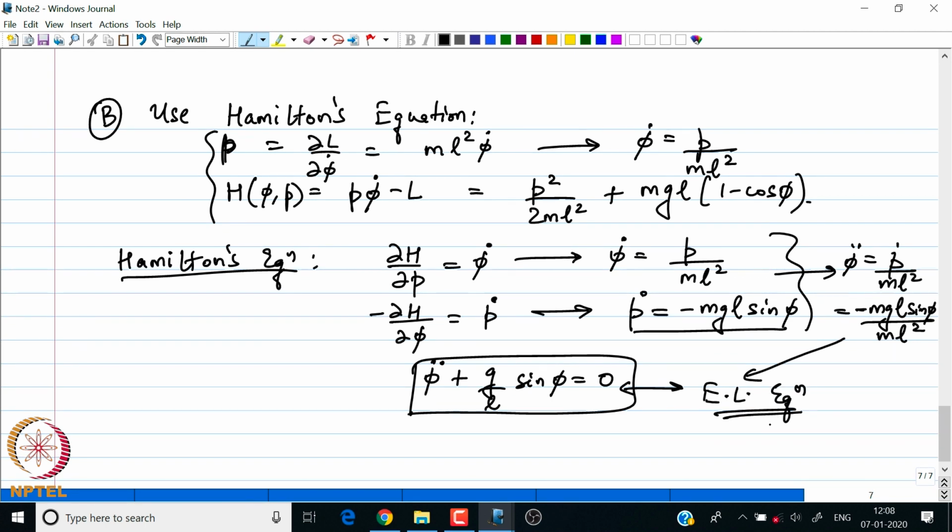So Hamilton's equation in this case gives us the extremal, which is originally given by the Euler-Lagrange machinery.